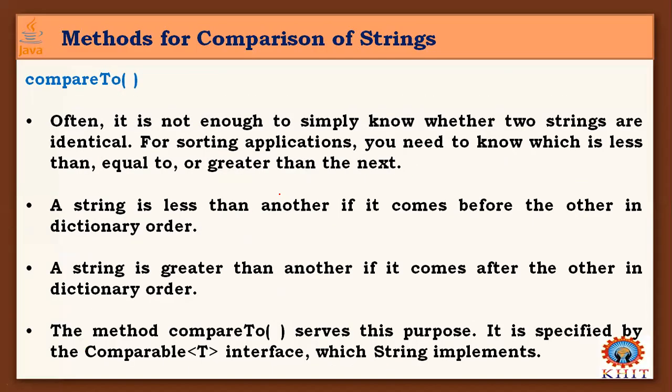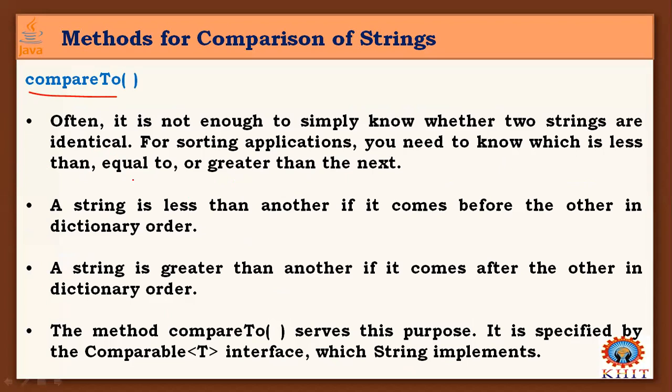Next method, compareTo. It is not enough to simply know whether two strings are identical. We have seen many methods for comparing two string objects, but one more important method is compareTo.